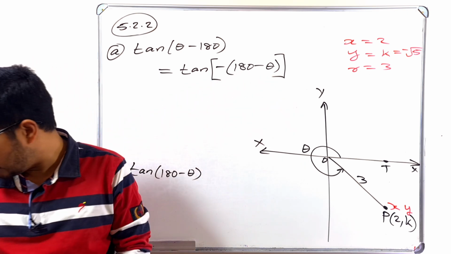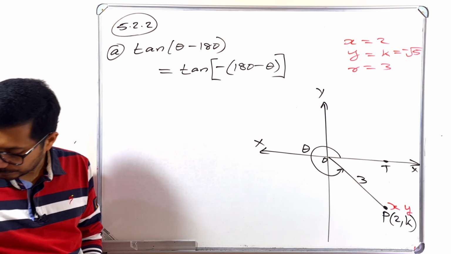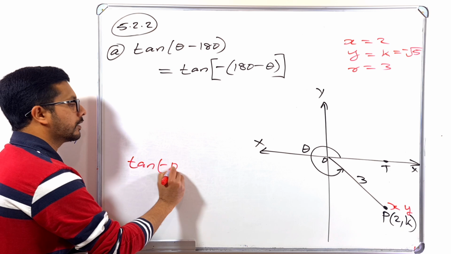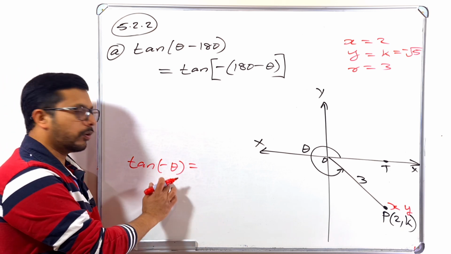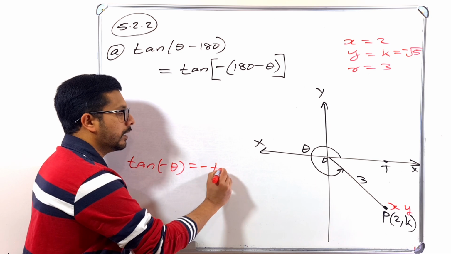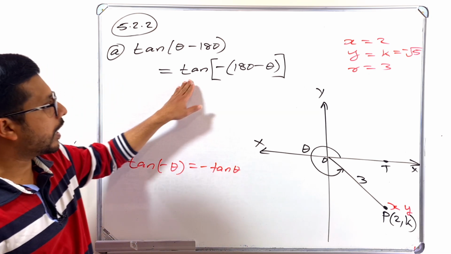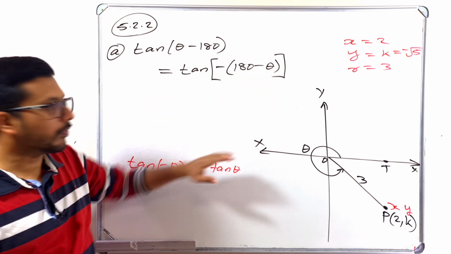Now tell me, how many of you remember this one? What is tan of minus theta? Many times, in many questions I explained this one. Tan of minus theta is minus tan theta. Am I right? So similarly, tan of minus an angle, theta is an angle. Here what is the angle?